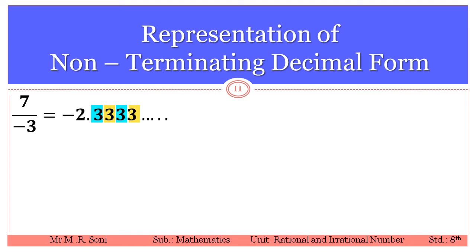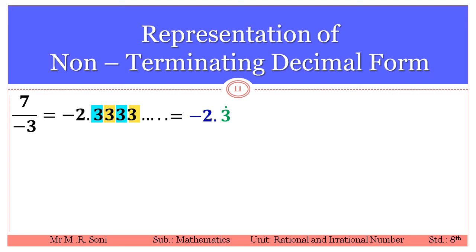In previous examples, we saw 0 was the repeating digit. As we spoke earlier, there can be other digits which can be recurring, that means repeating, in your answer. Such numbers can be written with a dot on top, like negative 2.3 dot.